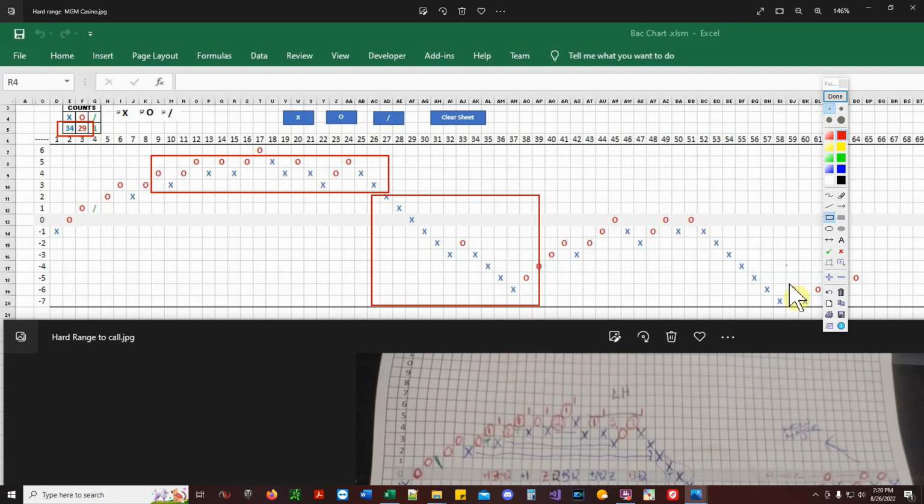You got a run right there, and you got a run right there. That's all I'm looking for. That range, let's go back to that range for a second. Boom, established right there. Established right there. We got one.